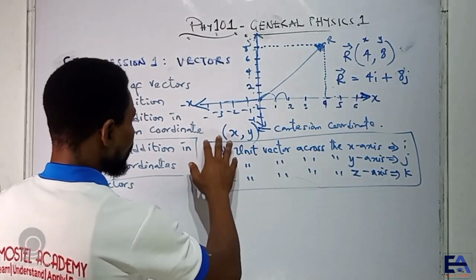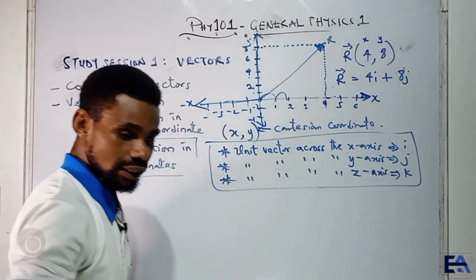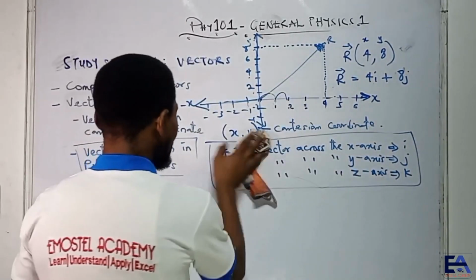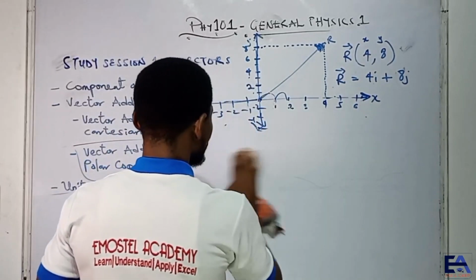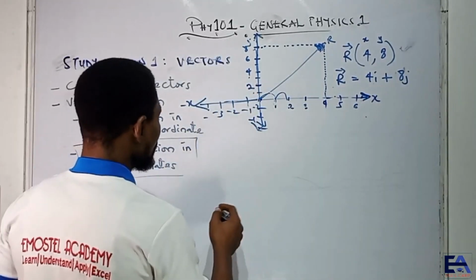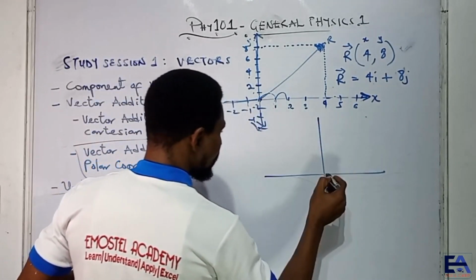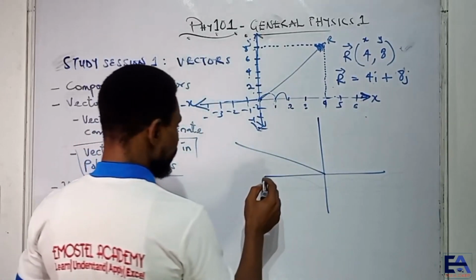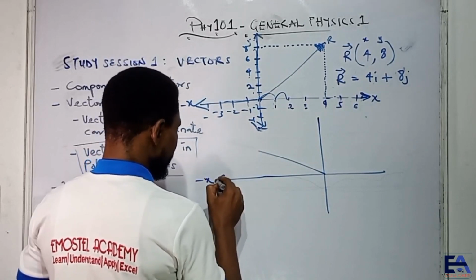So now, back to this. In case I have something like maybe a vector represented along these parts, a vector along this part, and this is minus x, negative x.